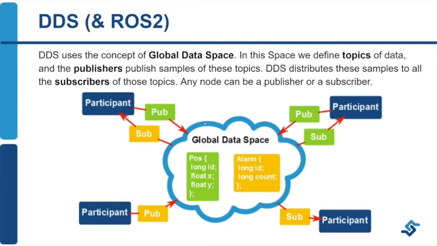And in this global data space, the participants, the applications, join the global data space and create publishers and subscribers. And you just start. The discovery of the different nodes, the different participants happens automatically.